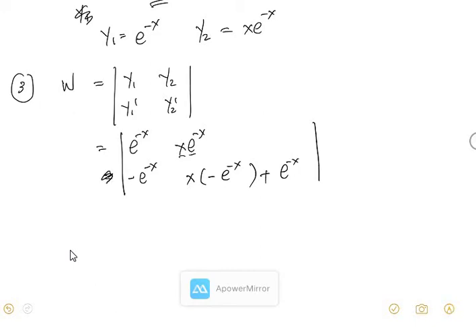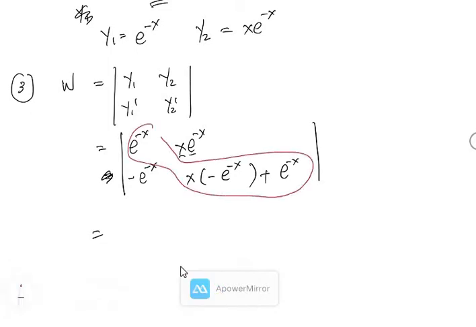And for y2, use uv prime plus vu prime: x times negative exponent negative x plus v u prime, where v is exponent negative x and u prime is 1.